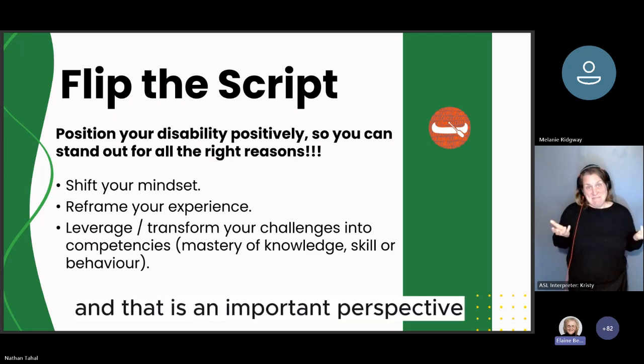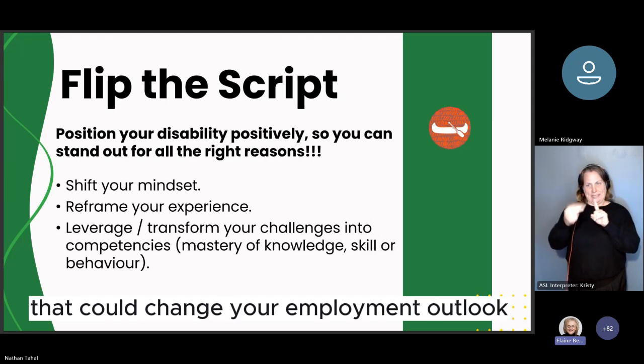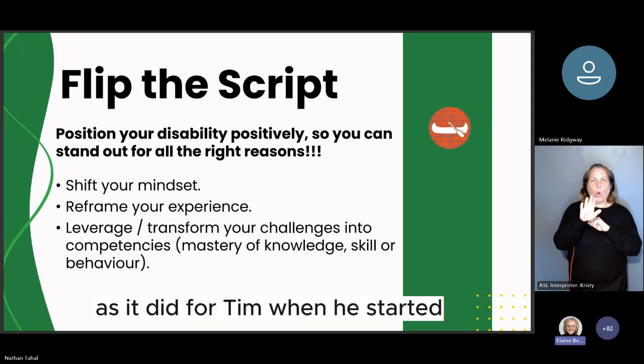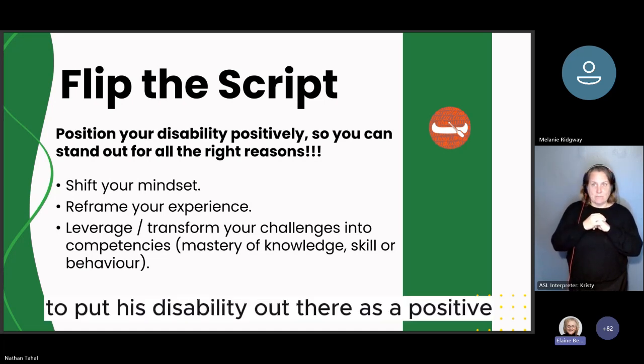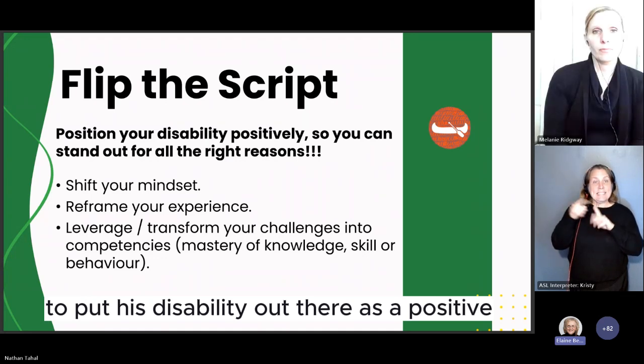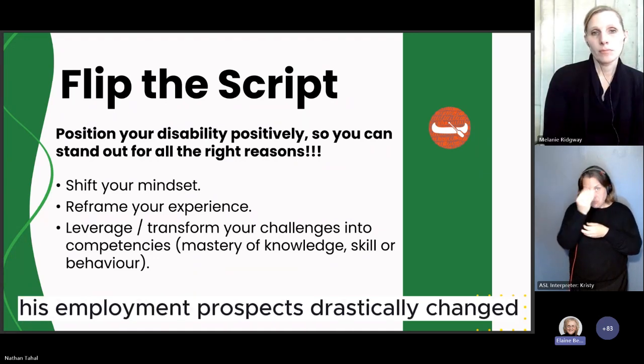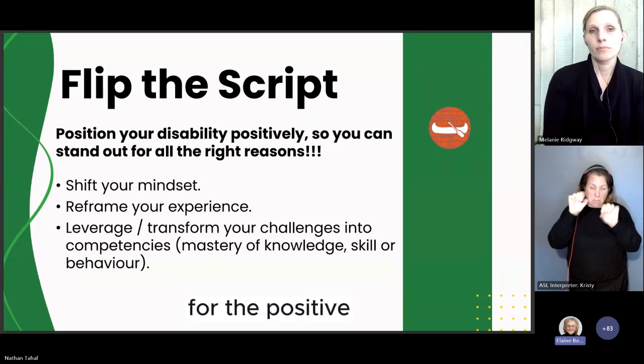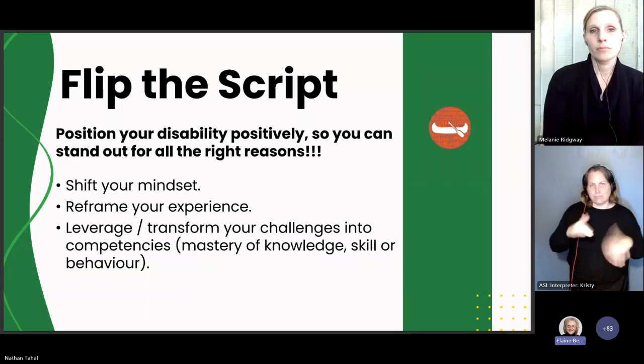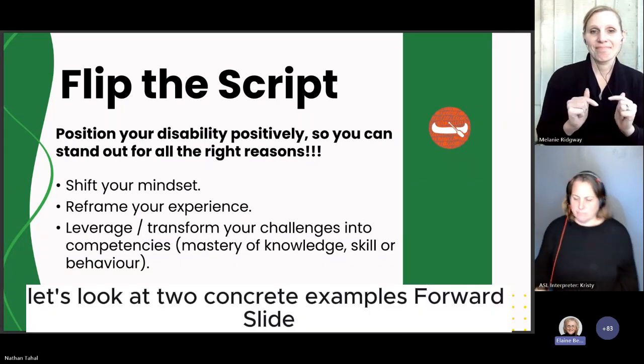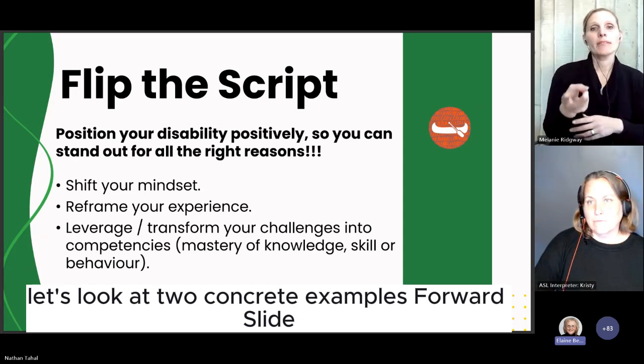And that is an important perspective that could change your employment outlook, as it did for Tim. When he started to put his disability out there as a positive, his employment prospects drastically changed for the positive. Let's look at 2 concrete examples. Forward slide.